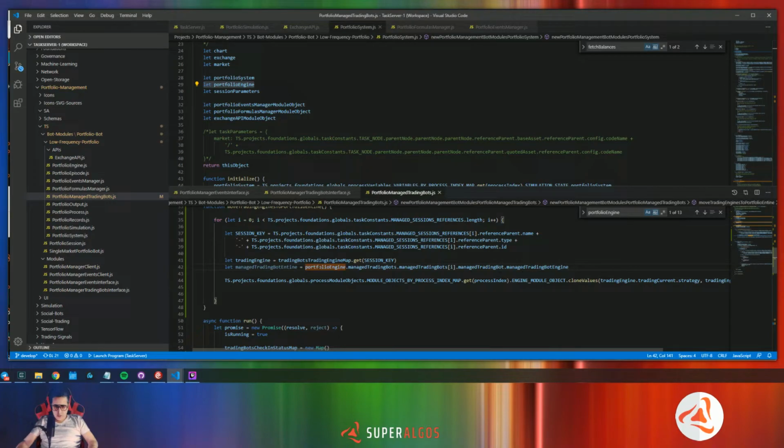Okay, and that's how we end up with manage trading bot engine.